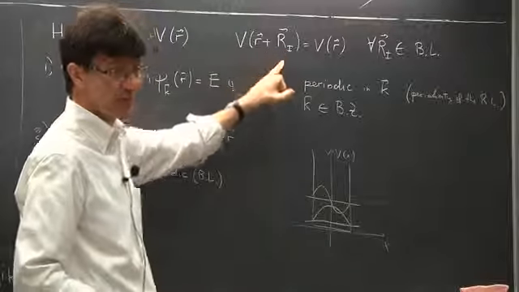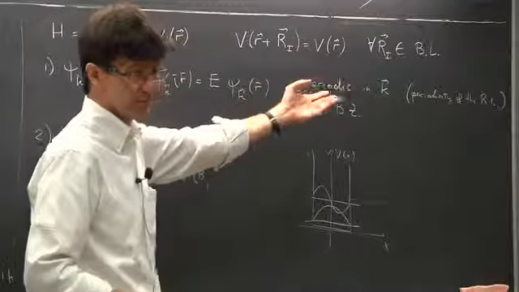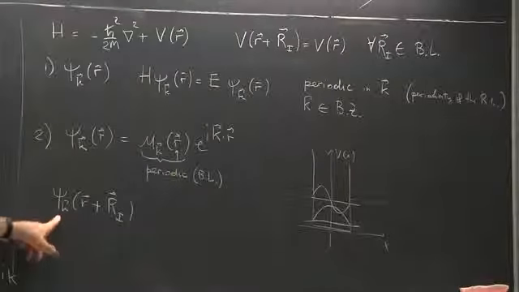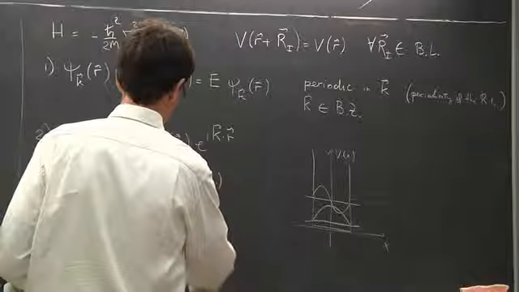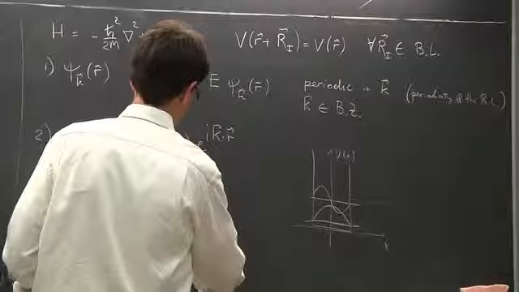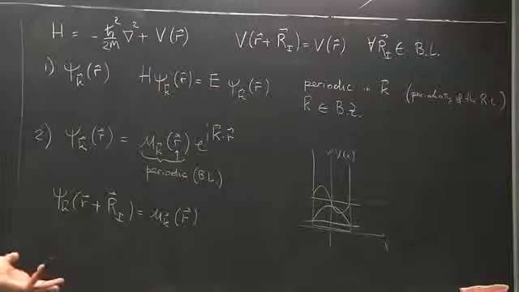So I'm looking at what happens if I translate my wave functions now. If I translate the potential, it goes into itself. If I translate the wave function, what happens? The periodic part is periodic, so it goes into itself: r plus R_i is r, because it's periodic by definition.